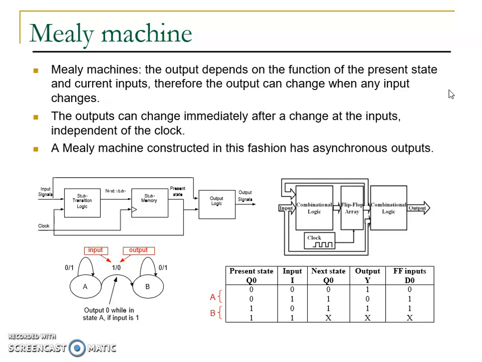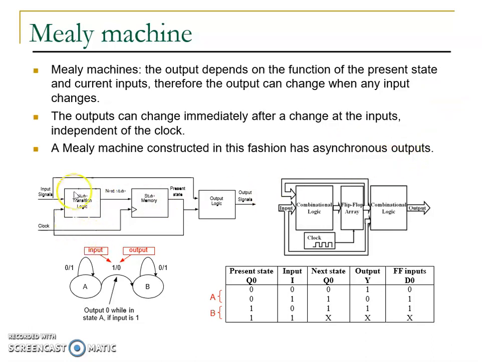The output can change immediately after a change at the inputs, meaning that the clock is independent. A Mealy machine constructed in this fashion has asynchronous output.